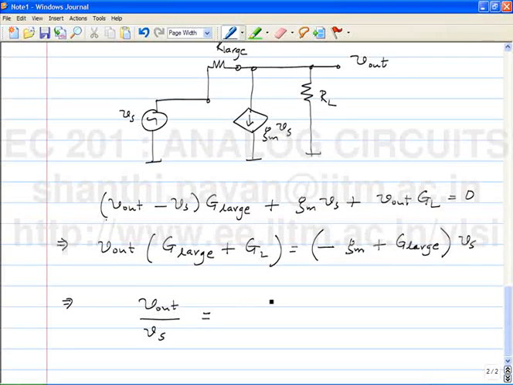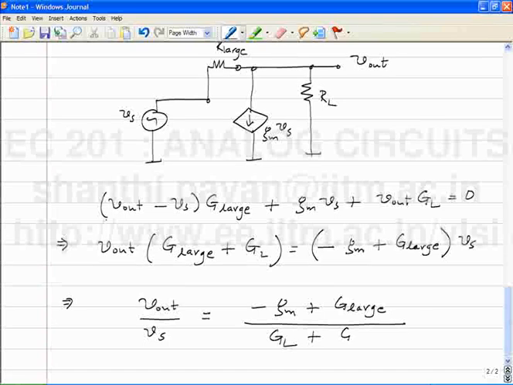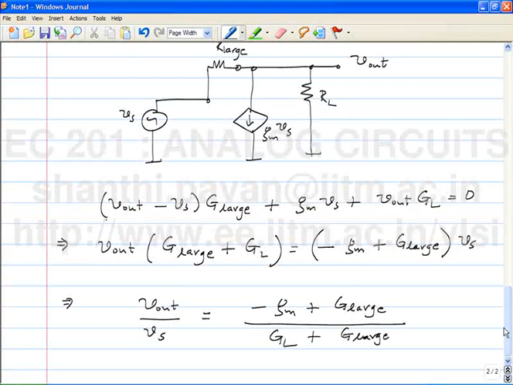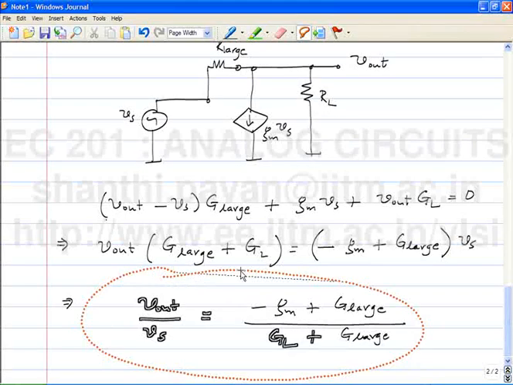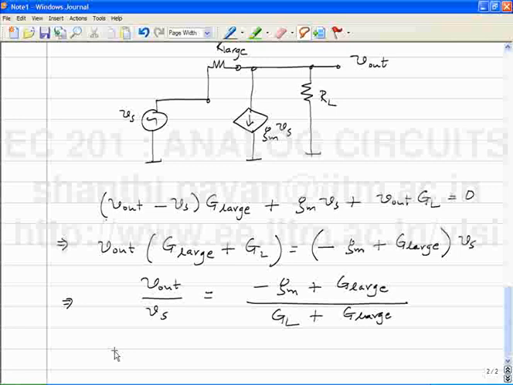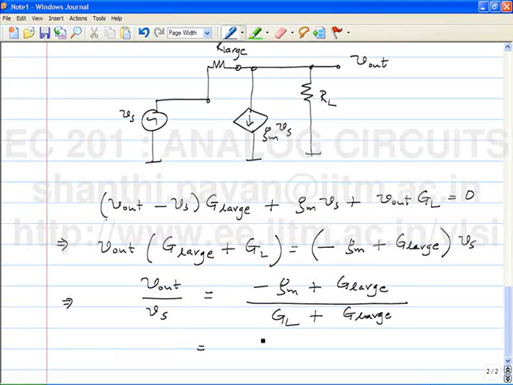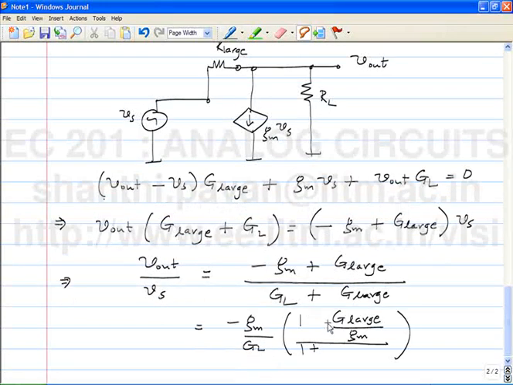Which means that the incremental gain Vout by Vs is minus (GM plus G large) divided by (GL plus G large), and this can be written as minus GM by GL, times (1 minus G large by GM) divided by (1 plus G large by GL).